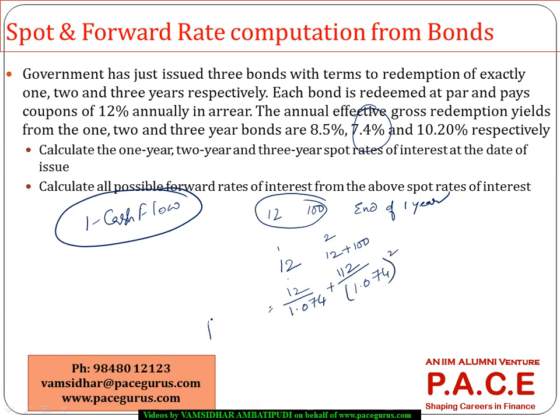This gives me the price of this 2-year coupon bond. After that, I'll use this price and discount each of the cash flows with their corresponding spot rates.